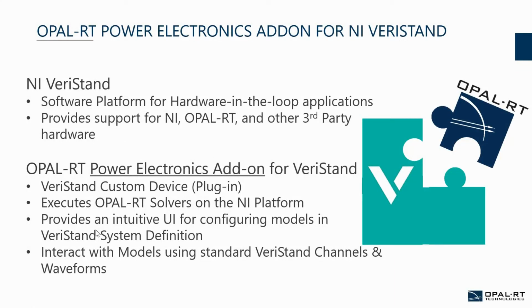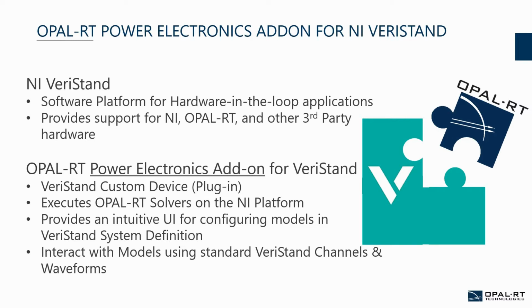We're going to be looking at two software products today. The first is NI VeriStand, which is a software platform that enables users to more easily integrate NI, OPAL-RT, and third-party hardware into a hardware-in-the-loop solution. The second product is the OPAL-RT Power Electronics Add-on for VeriStand, or just the Power Electronics Add-on for short.